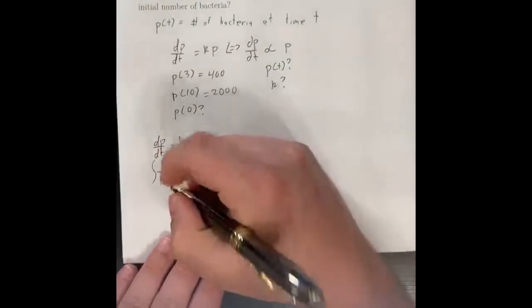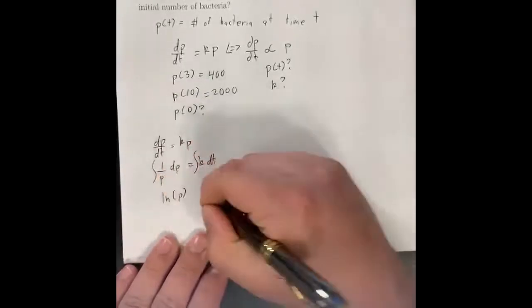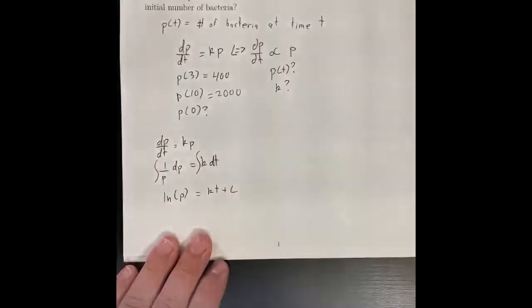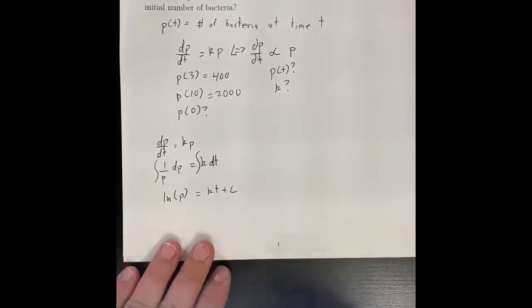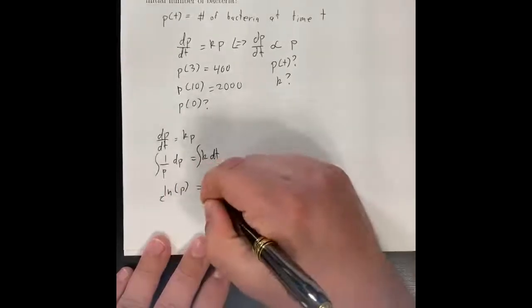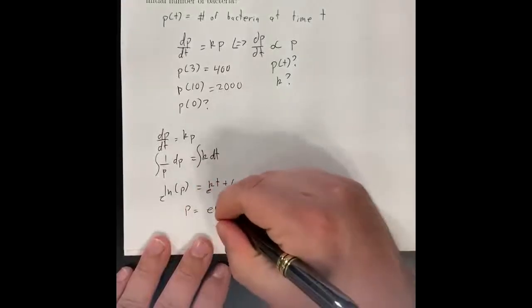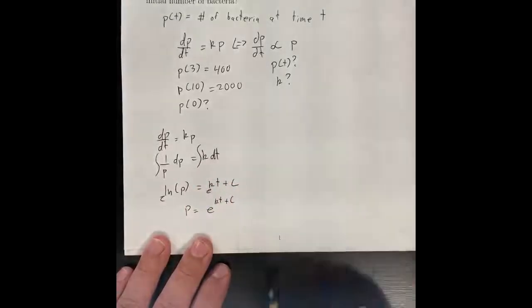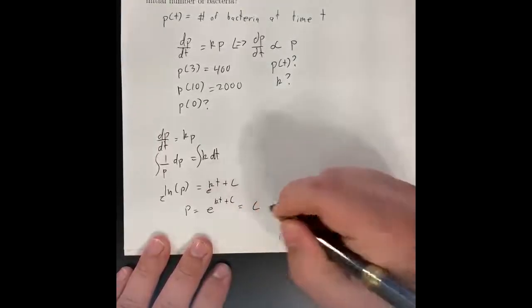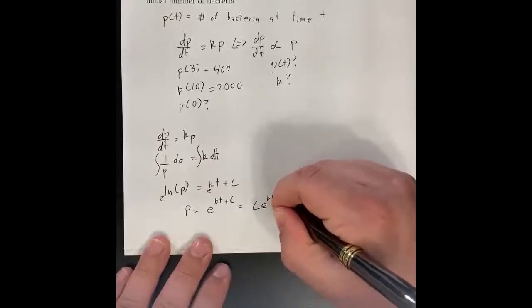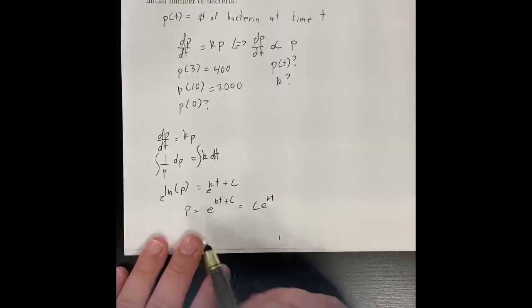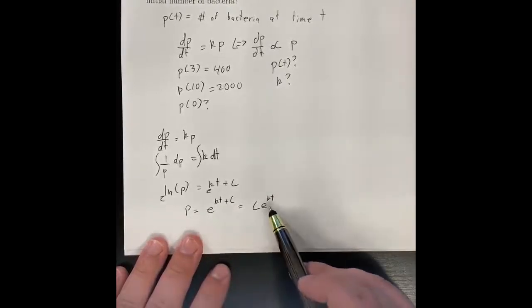That'll give us the natural log of P equals kt plus C. And then solving for P, we take the base e of both sides, we get P is equal to e^(kt+C). Or using our exponential rules, we can rewrite that, bringing the constant down as some other constant, Ce^(kt). Okay, so that's our formula for the population here. We know P(t) is Ce^(kt).